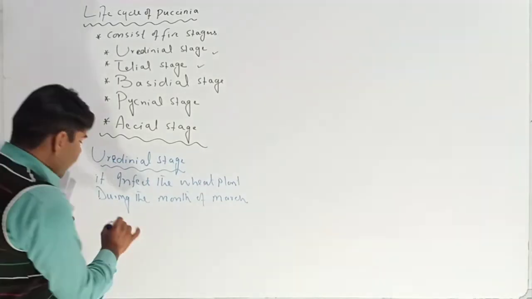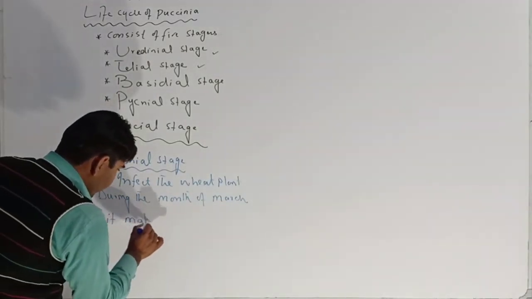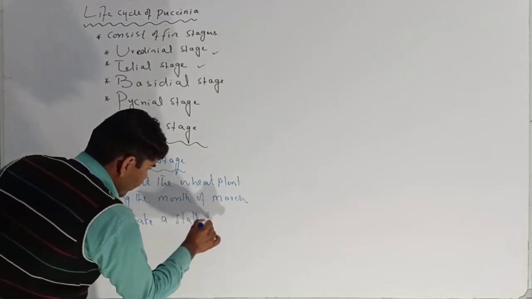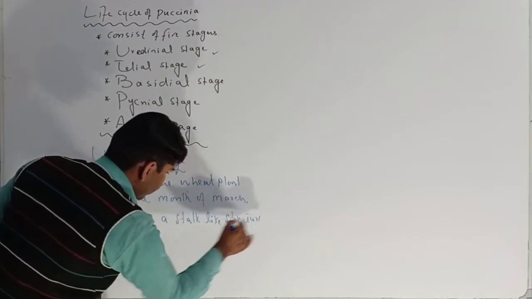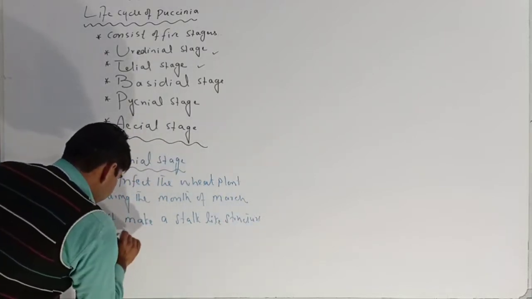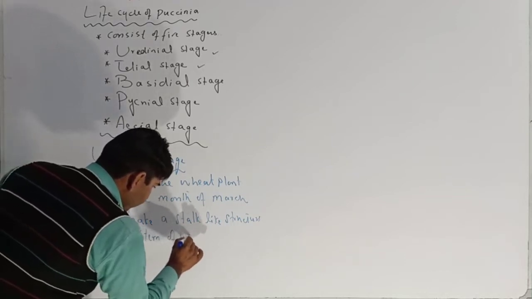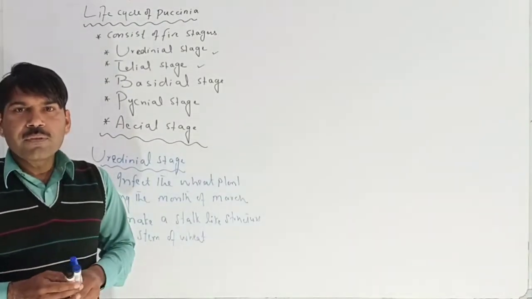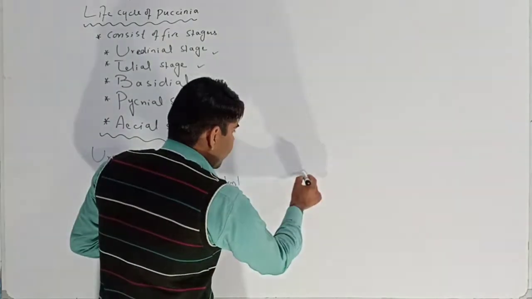So how does this fungus infect the wheat plant in March? Actually, it makes stalk-like structures in the stem of the wheat. How the stalk-like structures develop in the stem of the wheat, we can explain with the help of a diagram.